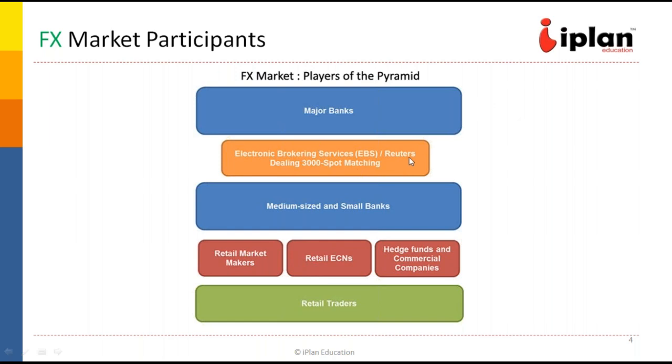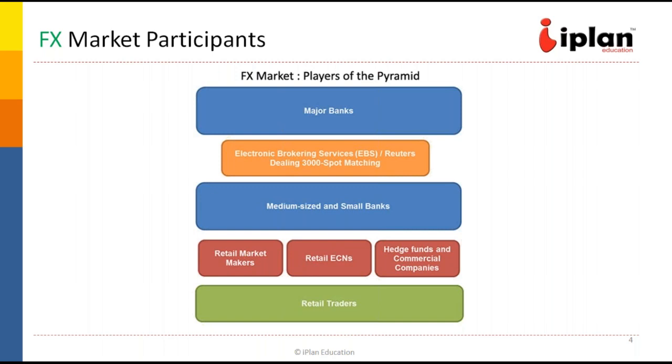something called a server or a machine which helps in transactions across the globe. Normally we have two systems working here. One is Electronic Broking Services, EBS, and another one is the Reuters Dealing 3000 Spot Matching machine. Now they have upgraded more.